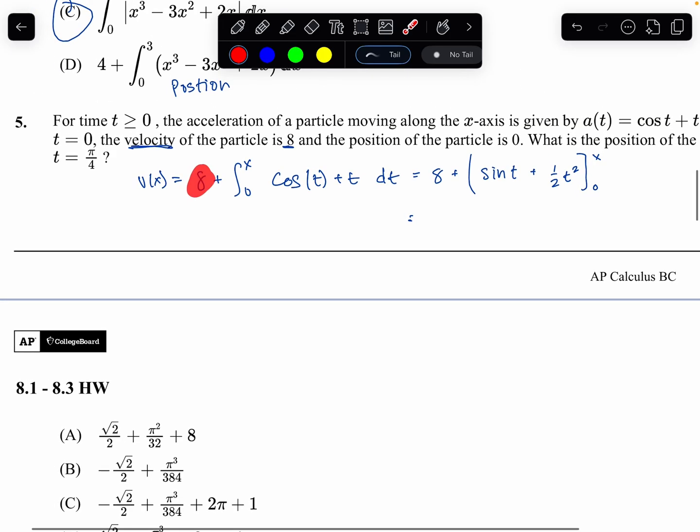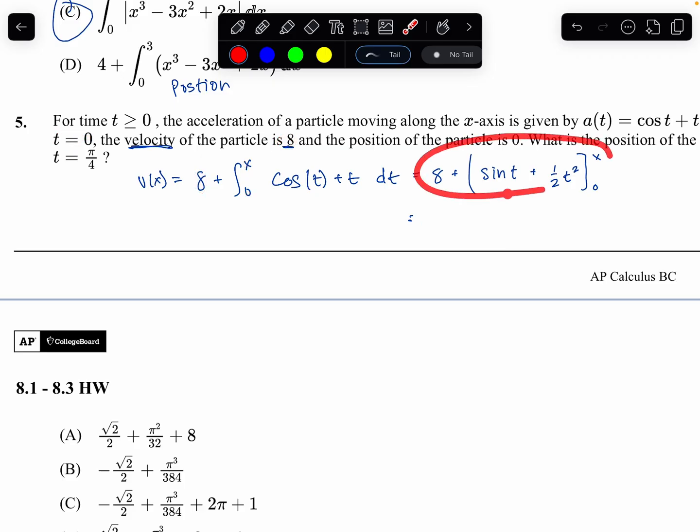We have the 8 here because that tells us the initial velocity. And that's why I don't place pi over 4 here, because I already have a value for the velocity at 0. So t equals 0, the velocity is 8, and the velocity is 8 to x.